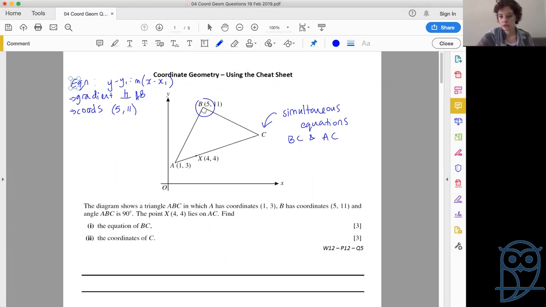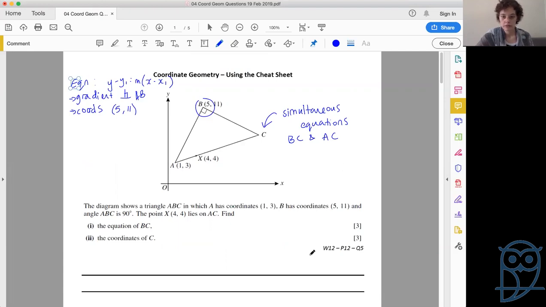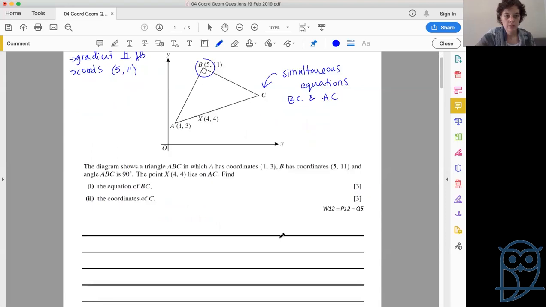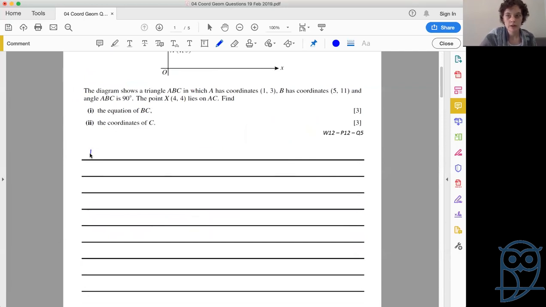So, we are going to start with the equation of BC. We said we're first going to work through the gradient of AB. So, we tell our examiner what we are doing before we actually do it.